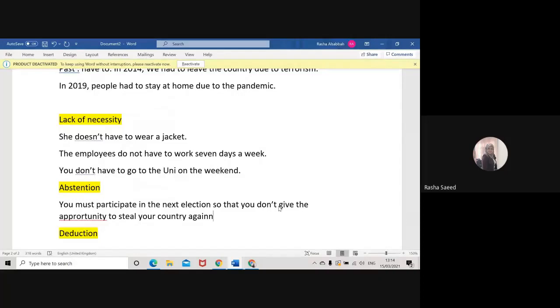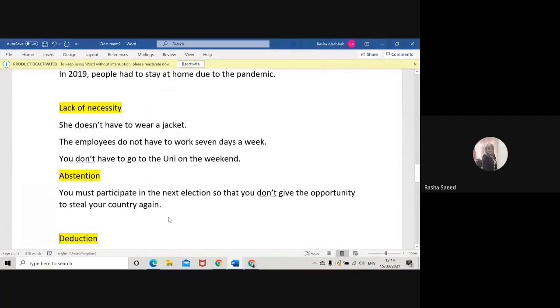It's a long sentence. So you must not participate in the next election. Meaning when this is necessary that you don't participate in the elections. Don't think that this is encouraging you not to participate in the elections. This is just a sentence actually.